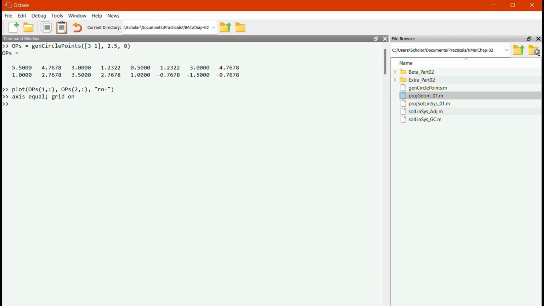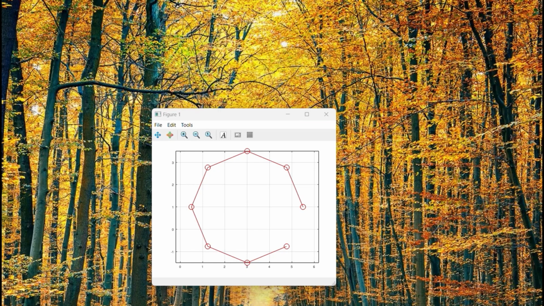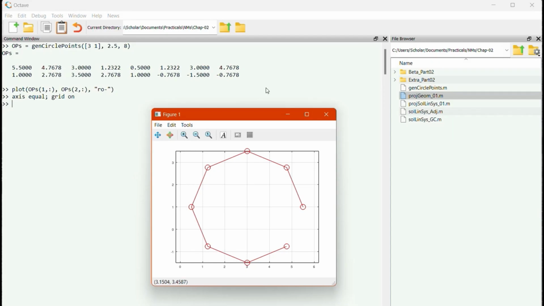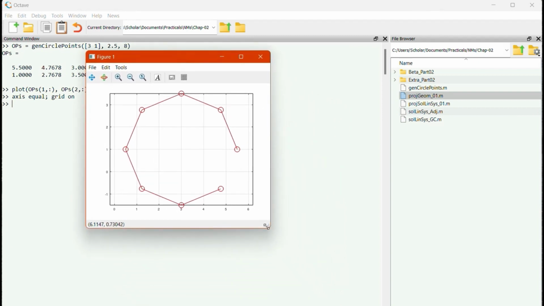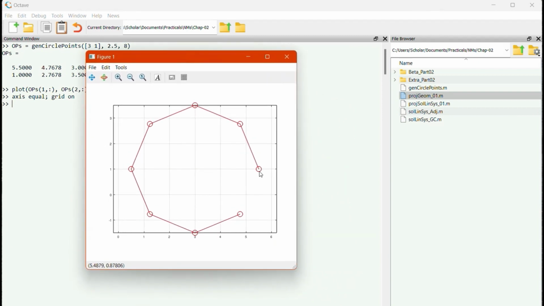And see the figure again. Okay. So as you can see here, we have generated 8 points, 1, 2, 3, 4, 5, 6, 7, 8 in the anti-clockwise direction, or trigonometric direction. So the center of the circle, 3 and 1.